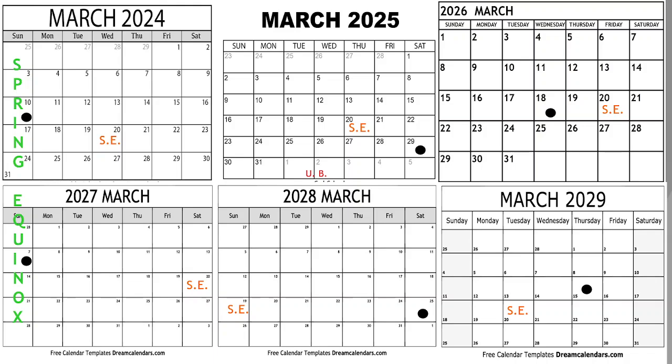So does this mean that, for example, where the spring equinox in 2024 is on a Wednesday, it's on the 20th, but next year it's on a Thursday. It's still on the 20th. And the next year it's on a Friday, but it's still on the 20th. Are you seeing what's happening? And the following year, 2027, the spring equinox is on a Saturday, but it's still on the 20th.